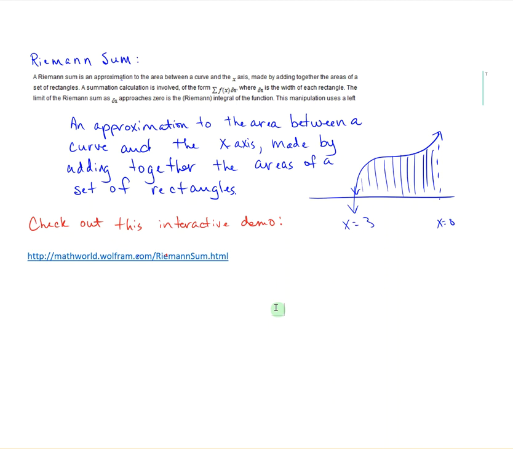The limit of the Riemann sum as it approaches 0 is the integral of the function. Because we don't have a formula for the area of this curve, that's what we're going to do.